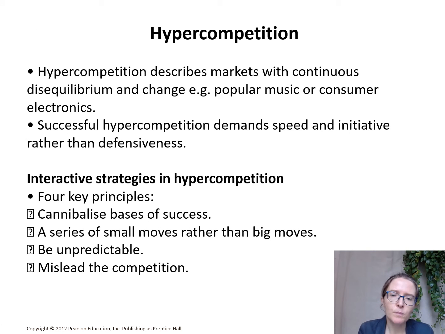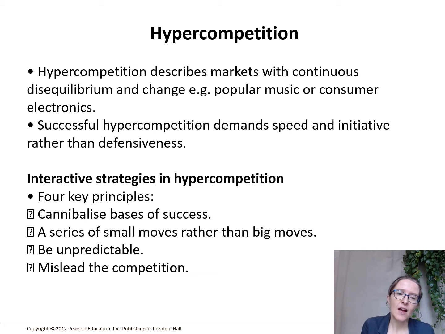And then hyper-competition is a term that's used. So hyper-competition describes markets with continuous disequilibrium and change. For example, as we've seen in the popular music or consumer electronics markets, with things changing constantly all the time and very quickly. So successful hyper-competition demands speed and initiative rather than defensiveness.